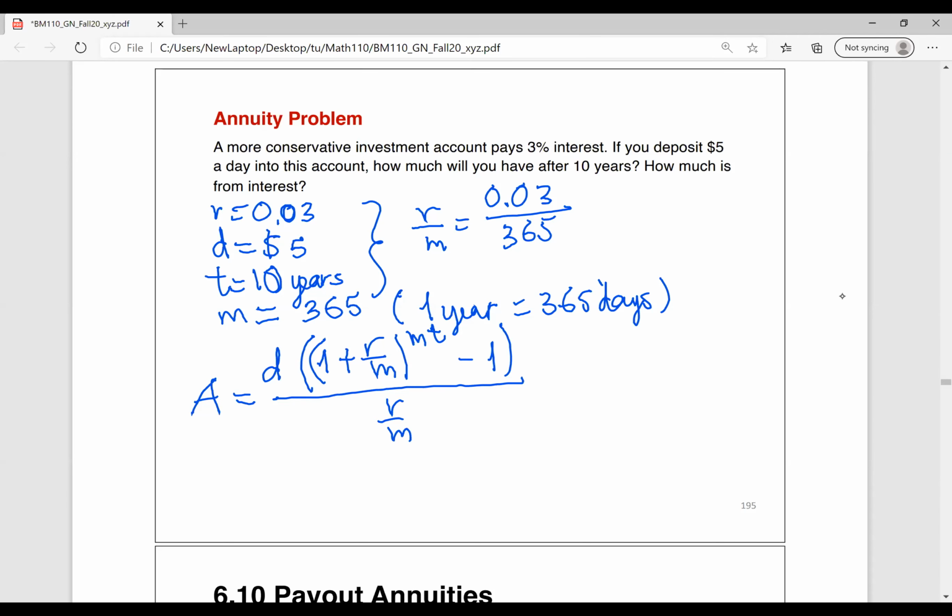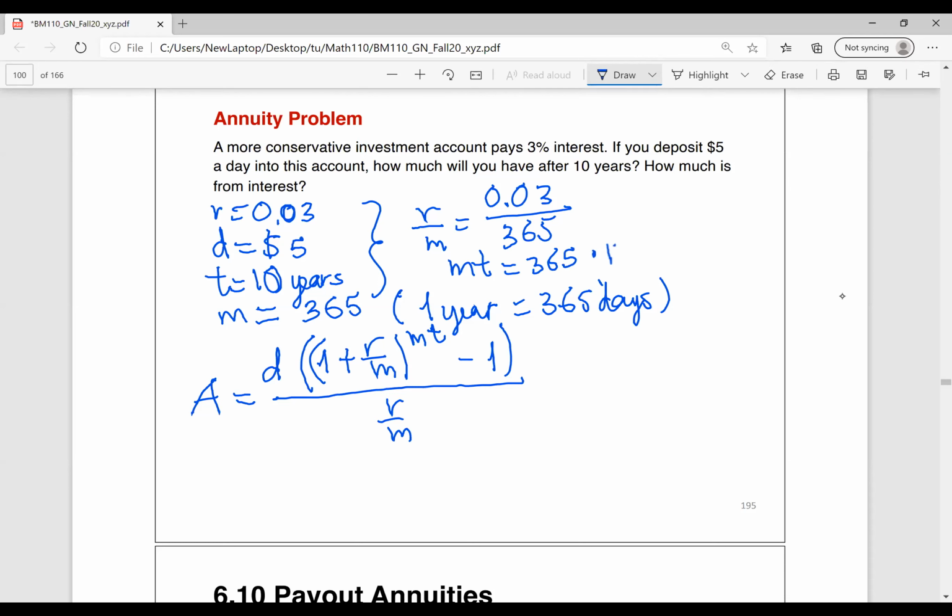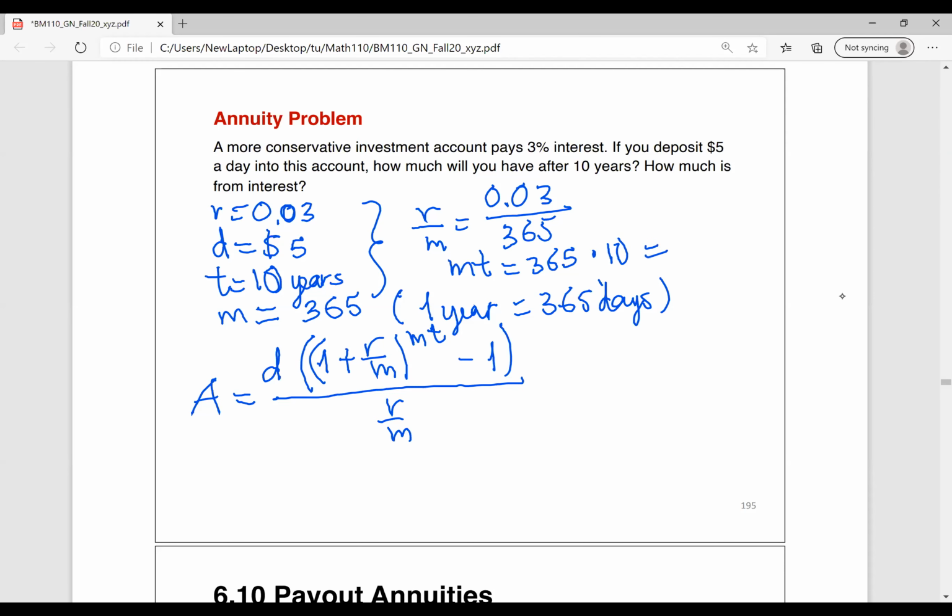And what about M times T? We have 365 multiplied by 10, which gives 3650. Now we just substitute into it.